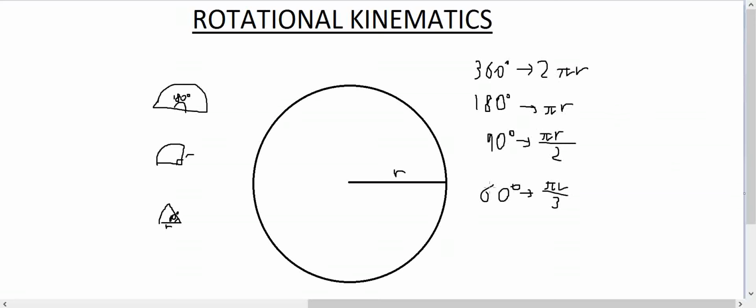So what if you can use these values to represent the angles instead of all these degree values? Let me explain.